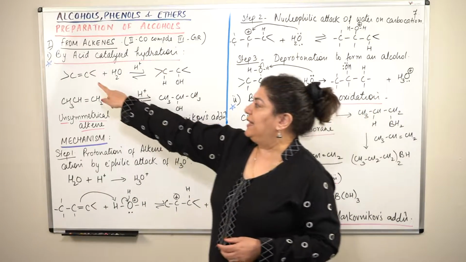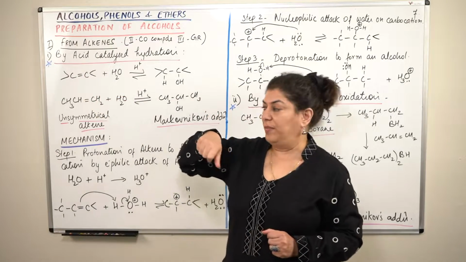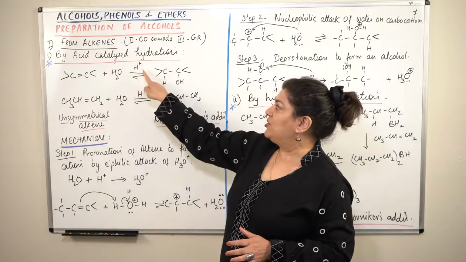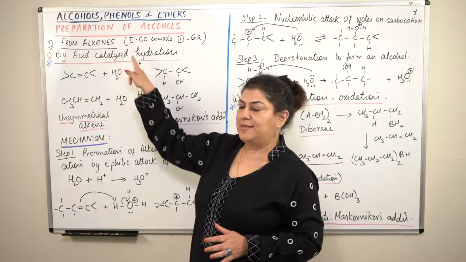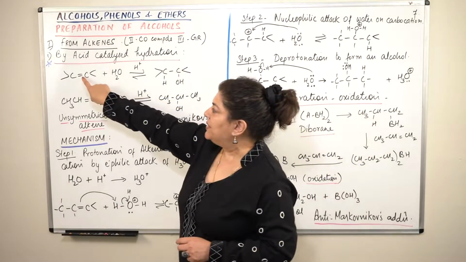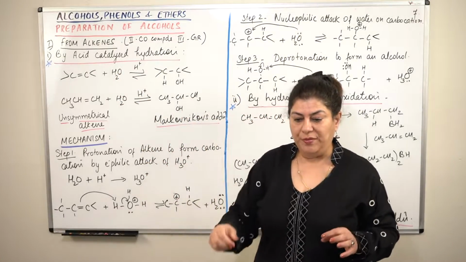So if you have an alkene like you have here, there's a double bond between 2 carbons in a hydrocarbon, and you add water to it in the presence of an acid, that is, the catalyst is an acid, you get an alcohol. What happens here is, if you notice, water can be written as HOH, right?